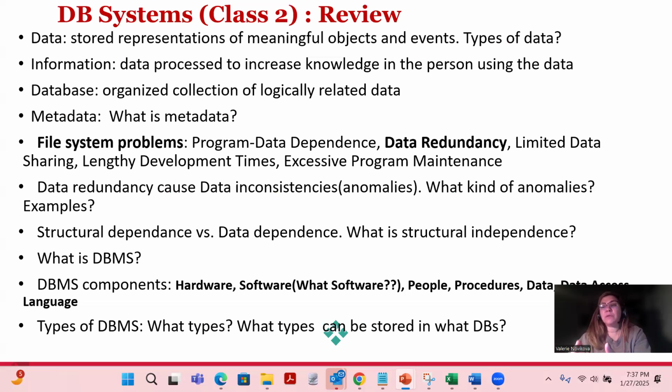If you remember, we talked about those in last class. Can be integer, different types of numbers, decimal, characters, varchars, which means variable length characters, can be date, time, can also be videos, audios, but those types of data are stored in big data databases.